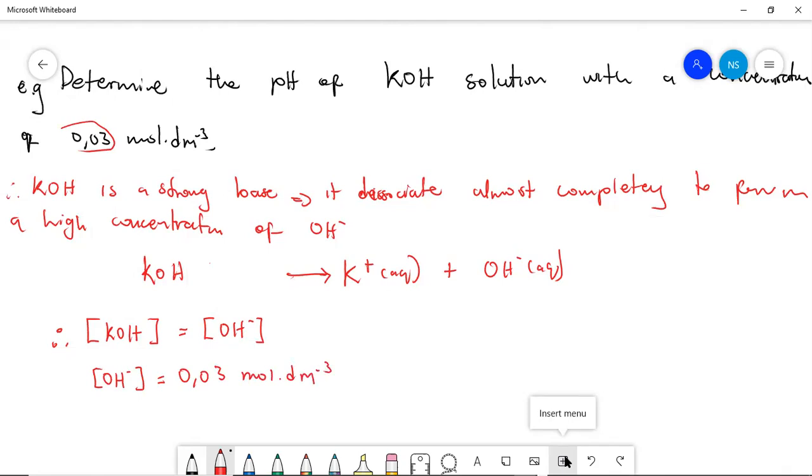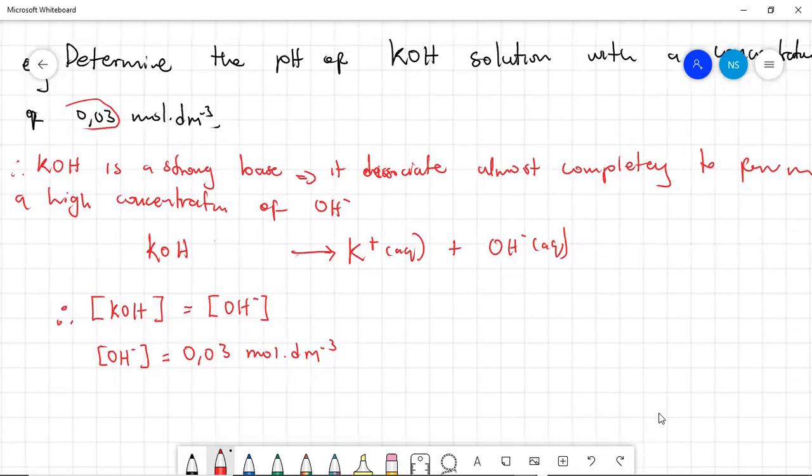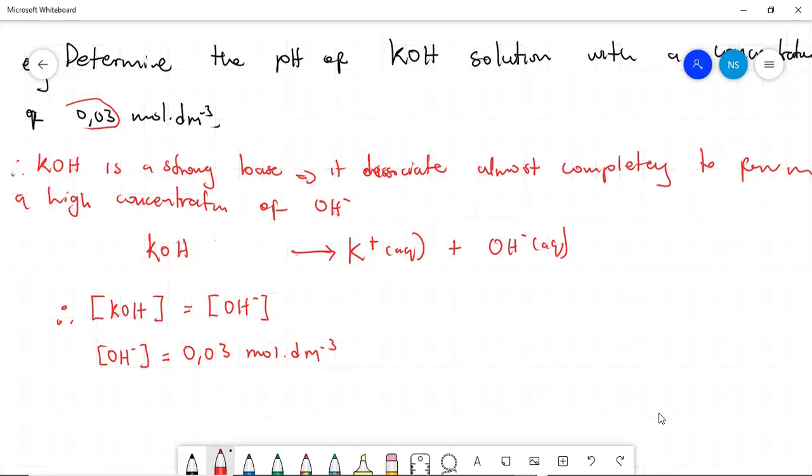So now we're done with the concentration of OH minus, right? But to calculate our pH, we need the concentration of H3O plus, right? And one thing that maybe I might have left out is that this is at 25 degrees Celsius.